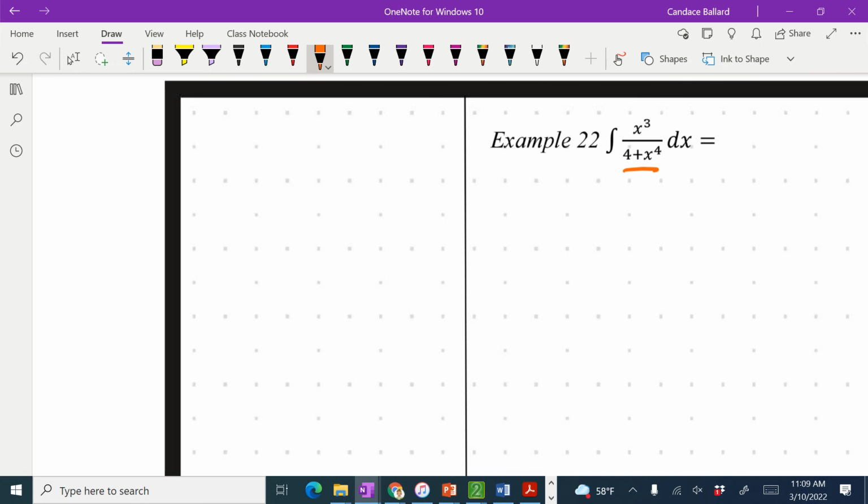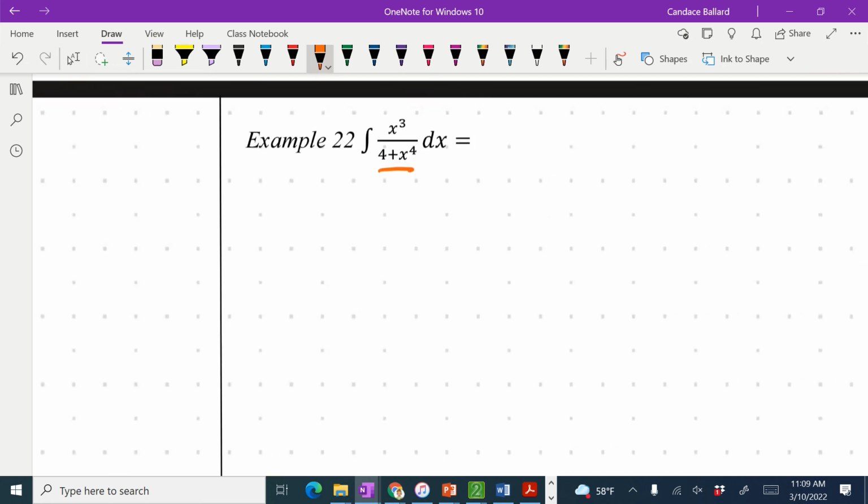All right, so let's use that denominator as U. So u equals 4 plus x to the 4th. What does that mean du equals? 4x cubed dx. All right.